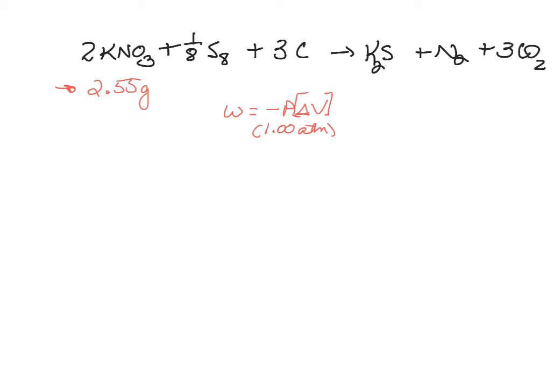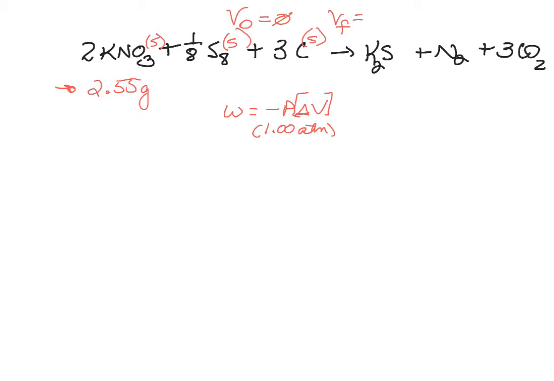So look at the states of matter in this reaction that they give you. Every reactant is a solid, which means originally there's no change in volume, so the original volume contributed by this system is 0. So all we have to do is find the final volume, that's the volume of the products, and we'll have the change in volume at that point.